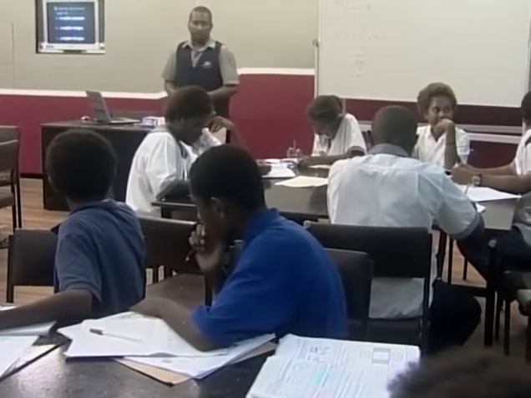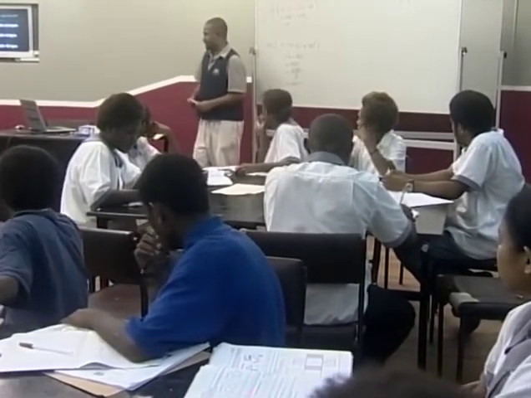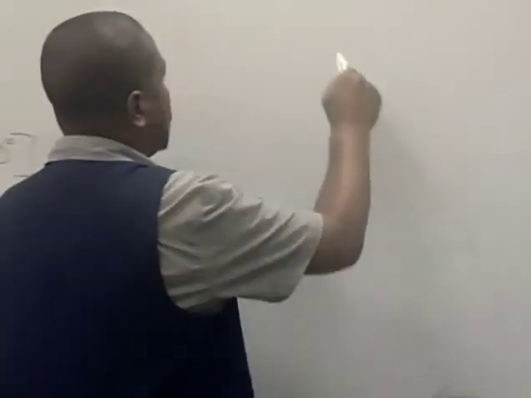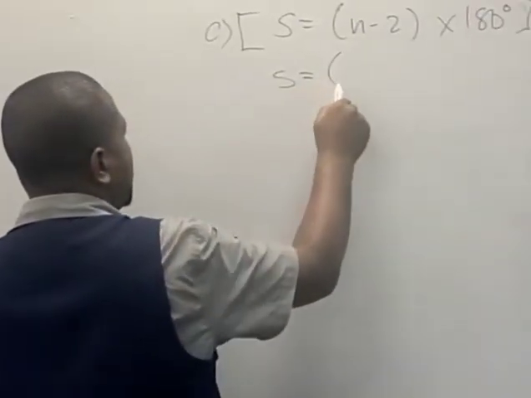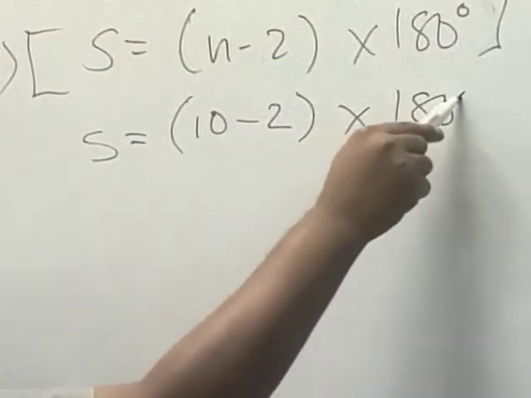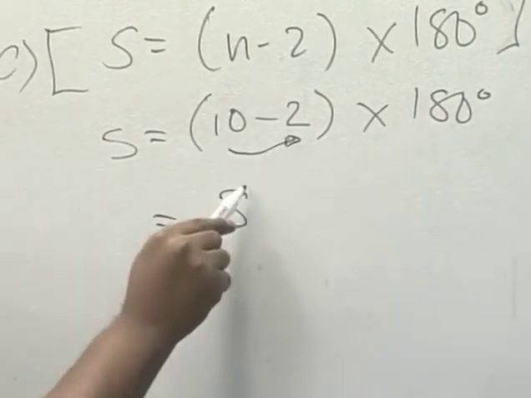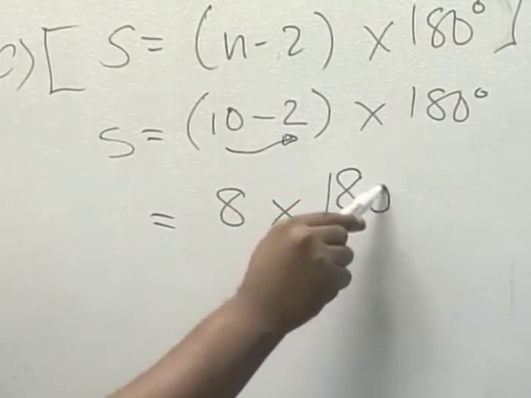Okay, class, all look up on the board. Let's work it out together on the board. How many sides does a decagon have? 10. Are you sure? Yes. Okay, so S is equal to 10 minus 2 times 180 degrees. Good. 10 minus 2, 8 times 180 degrees.